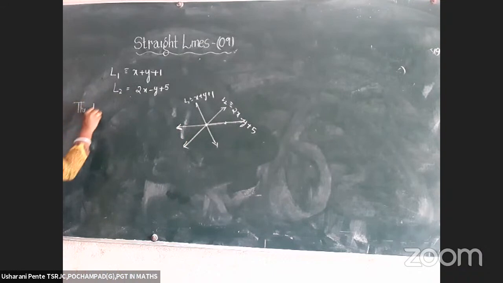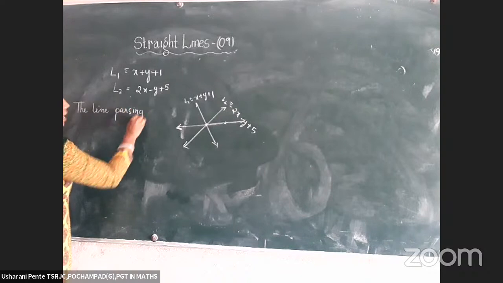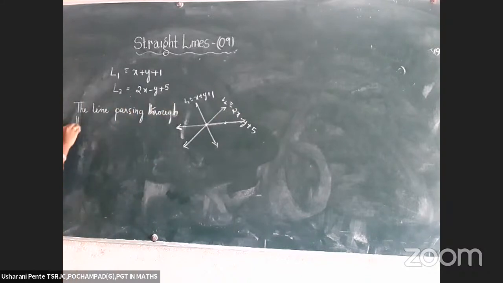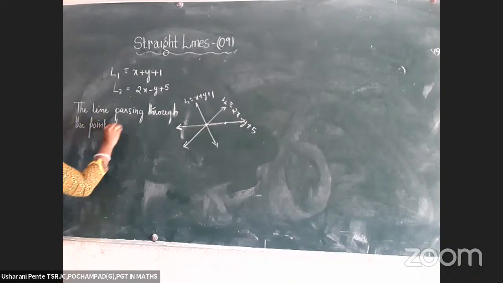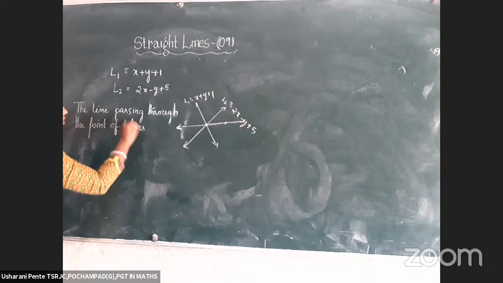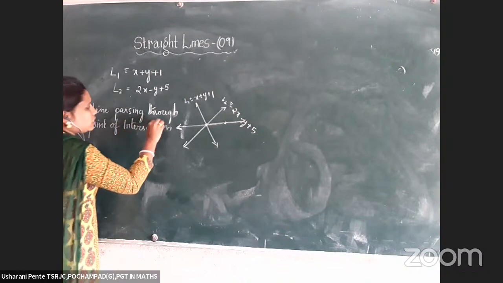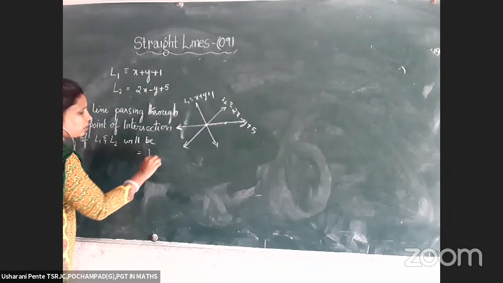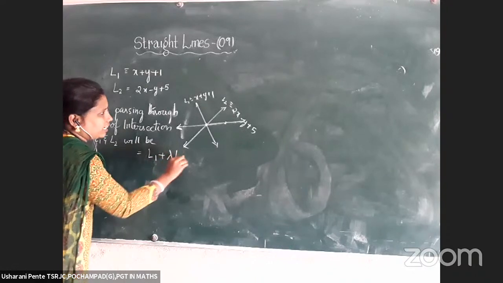The line passing through the point of intersection of L1 and L2 will take the form L1 plus lambda L2.